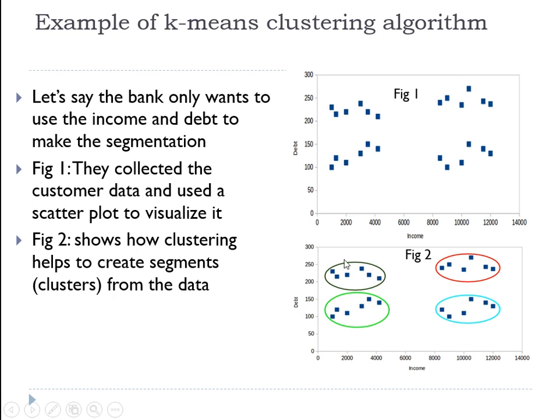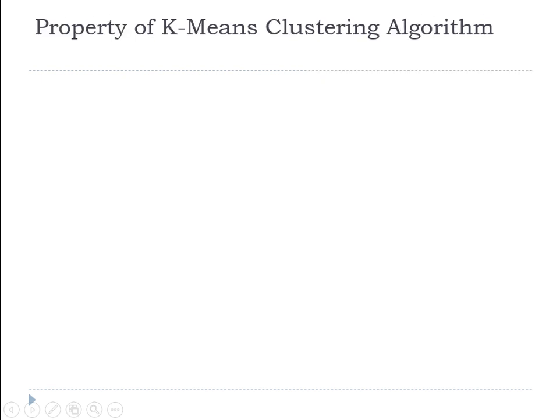So when you're working with the k-means algorithm, basically how it works is a centroid is defined. The centroid is the center of a cluster, and then the distance between the centroid and each data point is calculated, keeping the goal to minimize the distance. The clusters are formed.